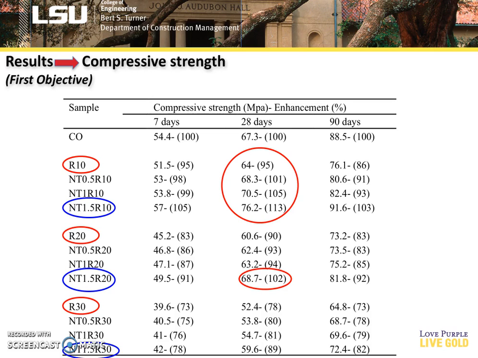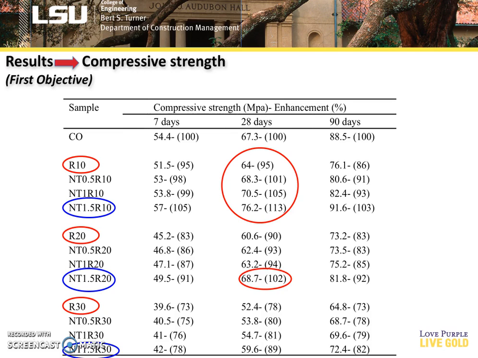However, addition of nanotitanium showed improvement in all samples. The biggest improvement, which is 13%, occurred with 1.5% nanotitanium. Even addition of 1% nanotitanium in 20% black rice husk ash replacement shows higher compressive strength in comparison to control sample.